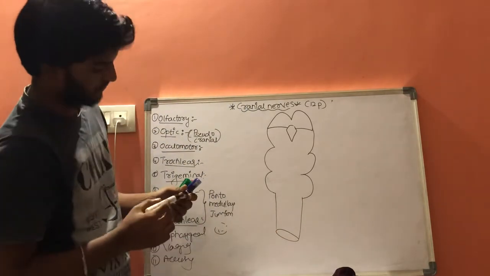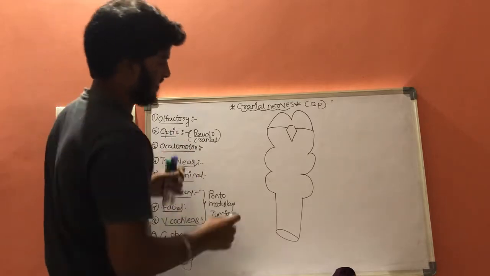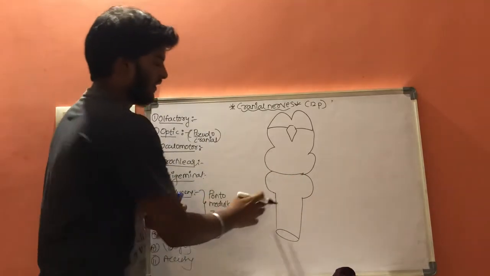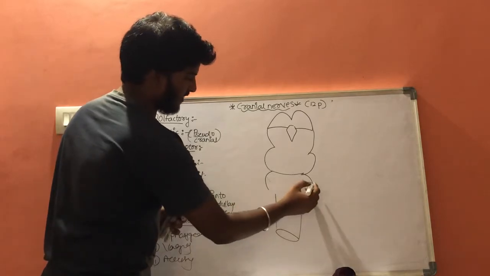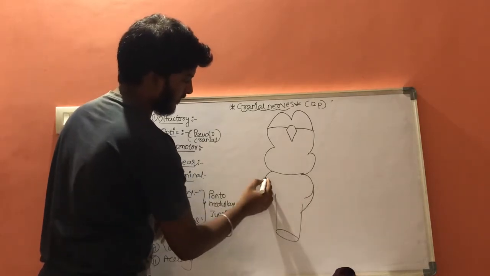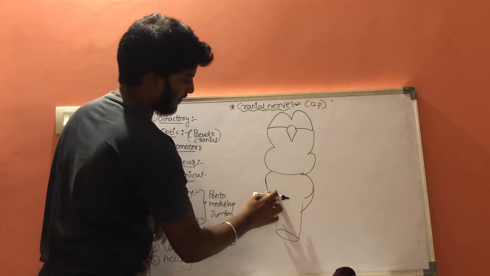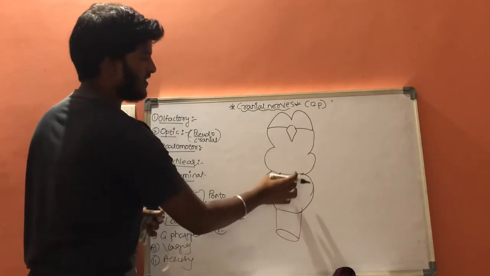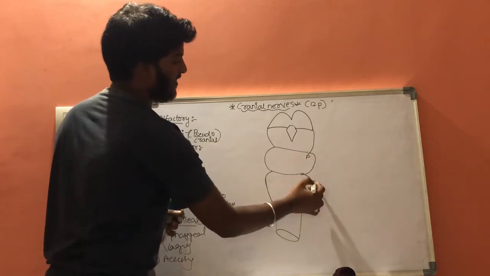Now this is the pontomedullary junction. This is pons and this is medulla.